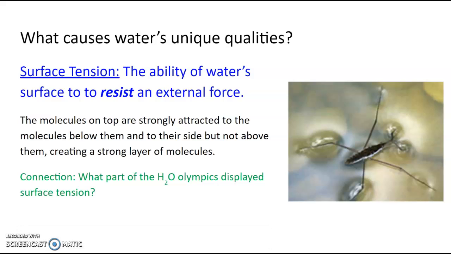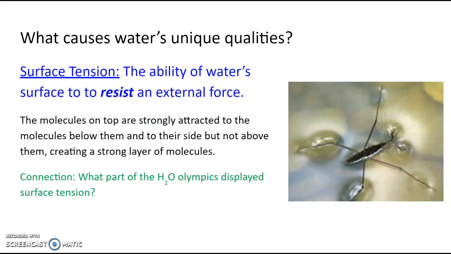And surface tension happens because the molecules on top of the surface of the water are really strongly attracted to the molecules below them and the molecules beside them, but they're not very attracted to anything that's above them because it's just air.